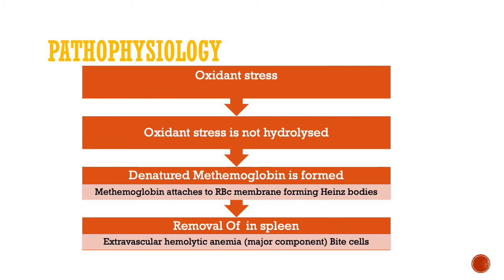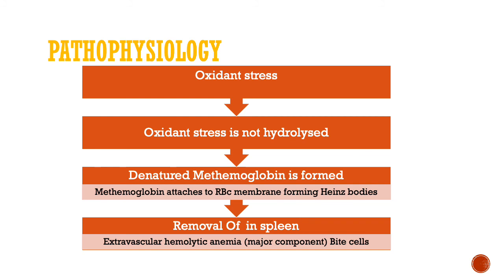Whenever there is increased oxidative stress, it is not neutralized, so the oxidation of hemoglobin by the oxidants forms methemoglobin, in which the Fe2+ ions, ferrous, are converted to ferric ions, and this methemoglobin cannot transport oxygen. Since it is unstable, it forms membrane-bound precipitates in the cytoplasm known as Heinz bodies. So methemoglobin attaches to the RBC membrane, forming Heinz bodies after it gets oxidized from hemoglobin.